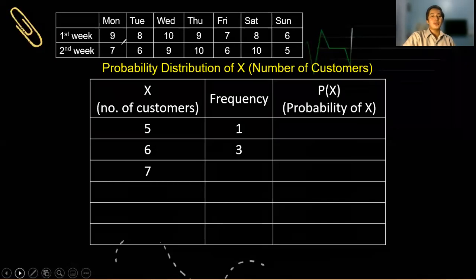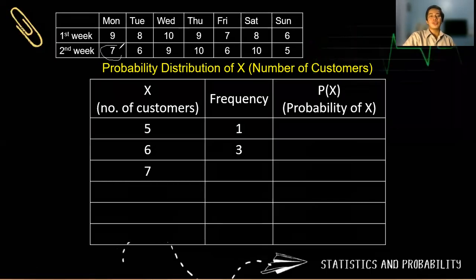What about the random variable 7? Rico had 7 customers on Monday of the second week and Friday of the first week. So we have the frequency 2. Then for the random variable 8, 1, 2, so only 2.